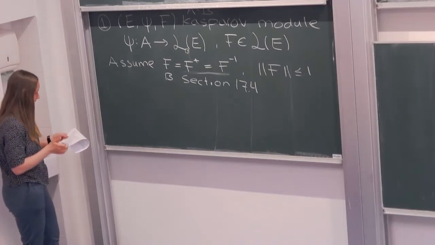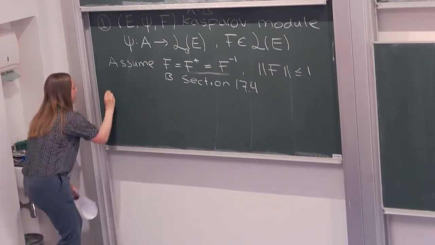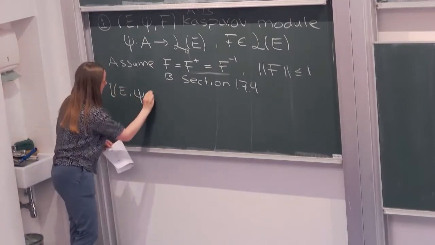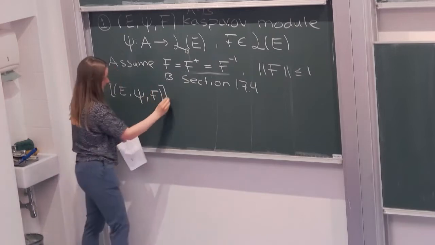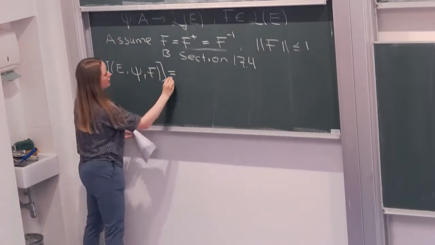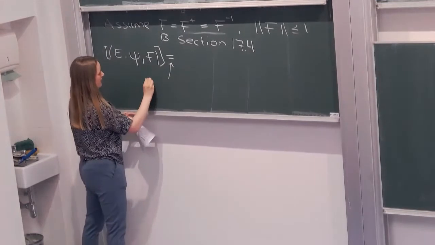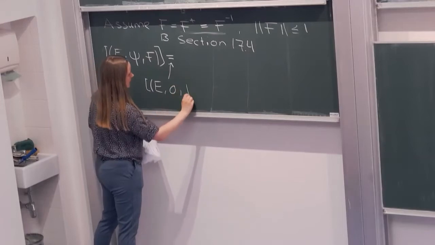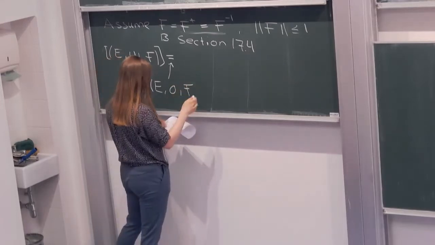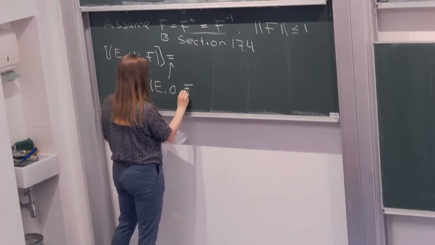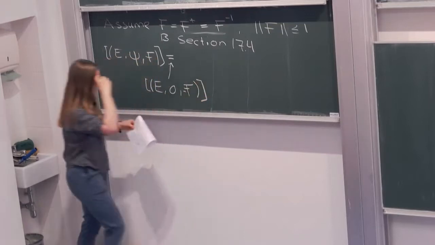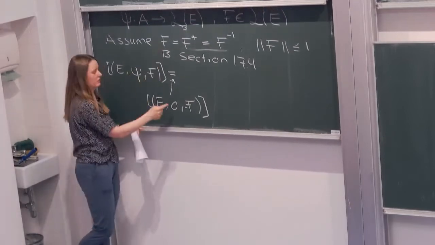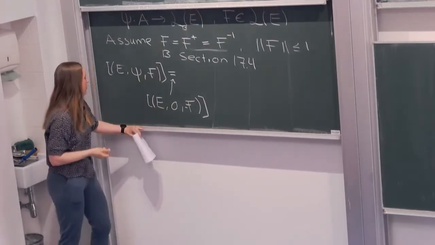Okay. So now, if we look at the class here, we have E, psi, F. The first thing I want to do is to add the Kasparov module E, 0, with operator minus F. So this is of course degenerate, because we have these assumptions on F, and we have just a 0.